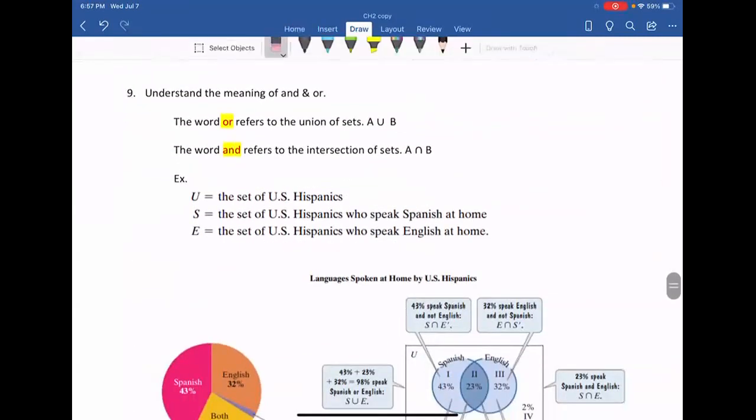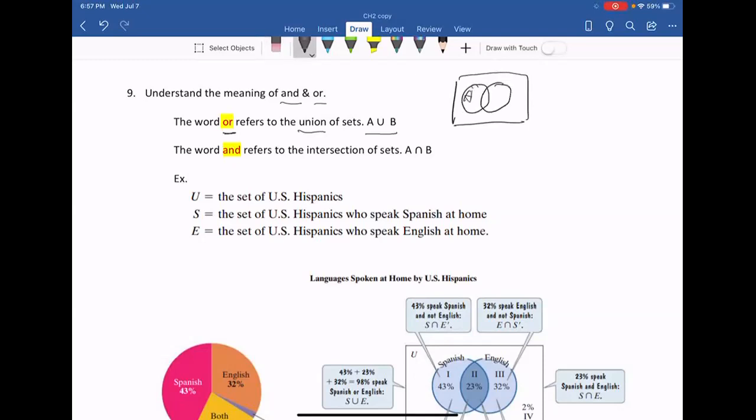Part 9, understand the meaning of and, or. The word or refers to the union set. That means A union B. Let's draw a Venn diagram.